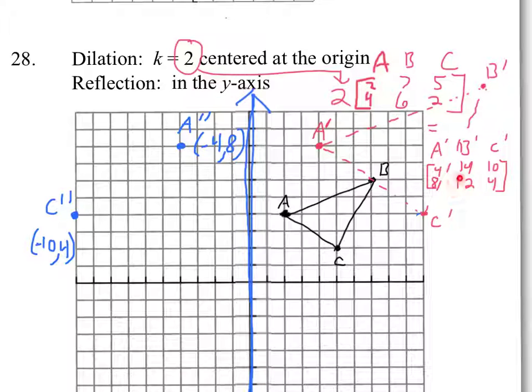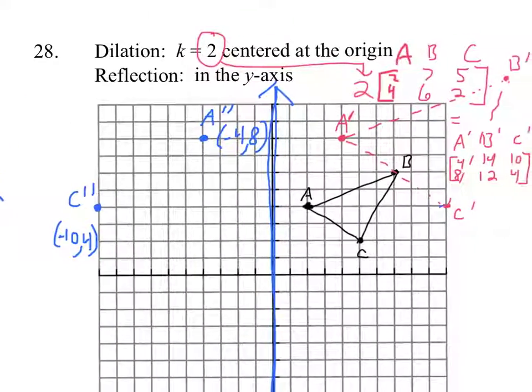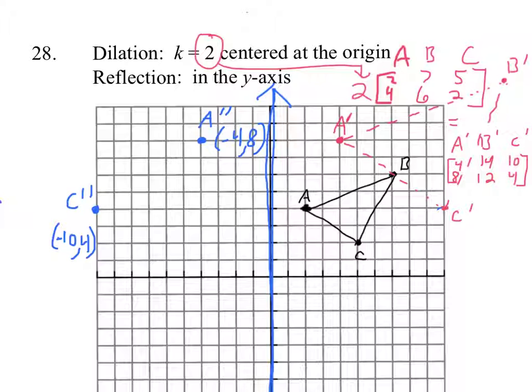The height of B prime is 12, and you notice it's going to stay at that exact same height. So we'll just kind of estimate where that point is. 14 to the left and 12 up, I would say, is about right here.